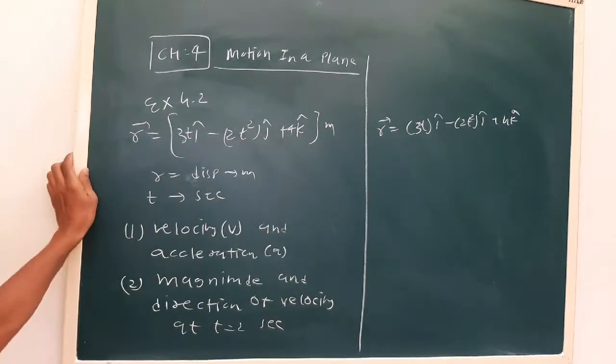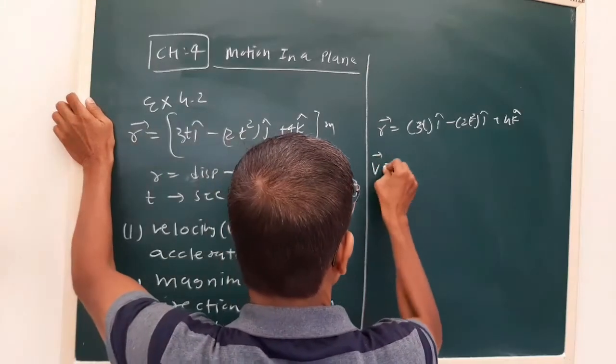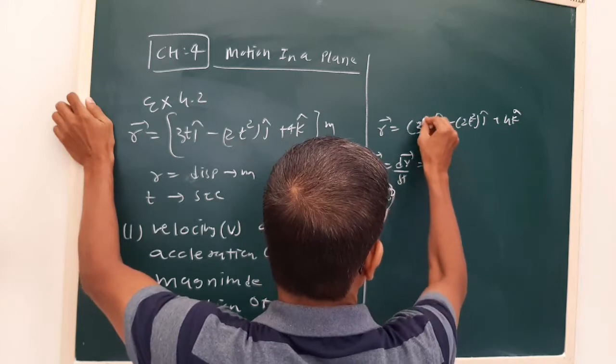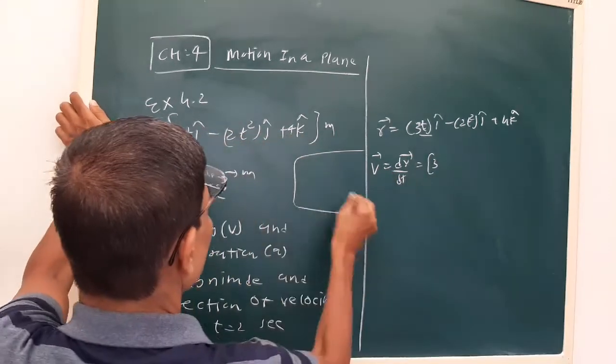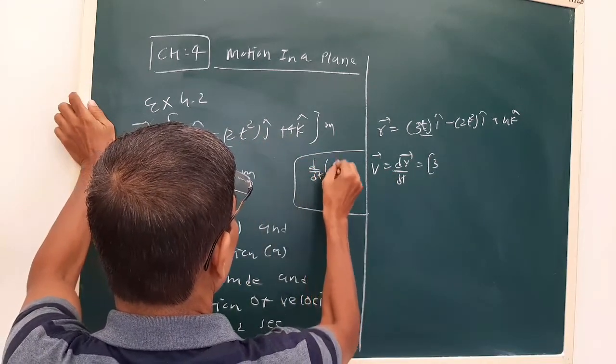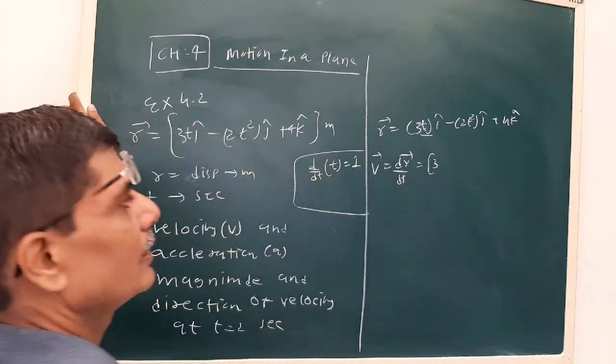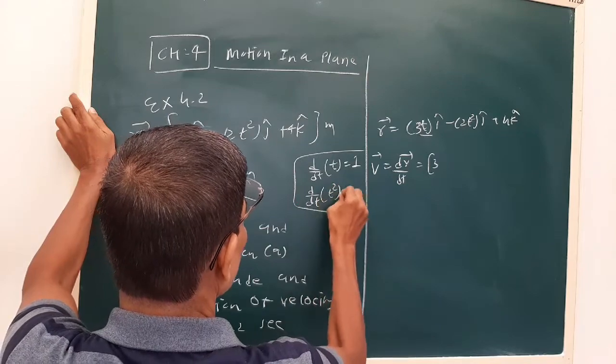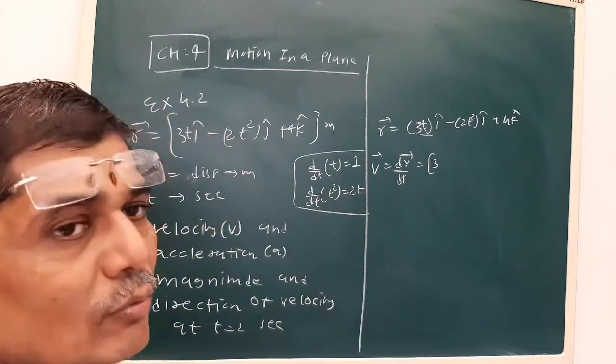Now we know the first derivative of displacement gives the velocity. So v is equal to dr by dt. Recall our derivative equations: t derivative is 1, t square derivative is 2t, and derivative of a constant term is 0.